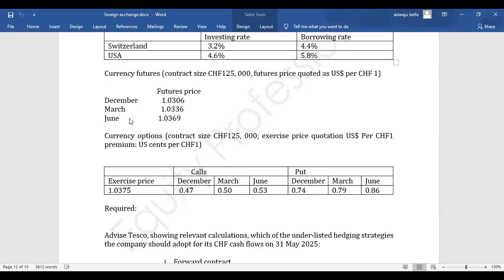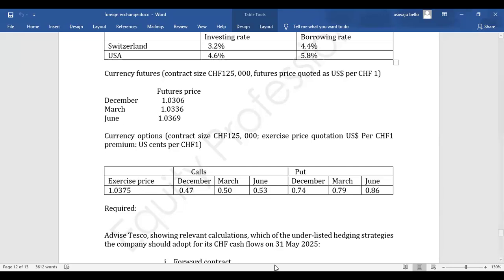The transaction date is on 31st May 2025. That means after May, I have June. It is this contract that will mature immediately after the transaction date. So the appropriate contract to select is the June expiring date contract.